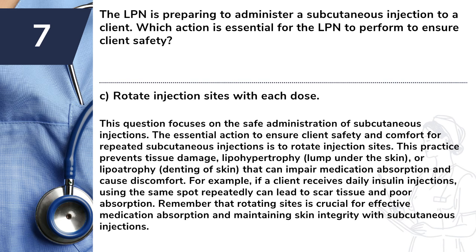This practice prevents tissue damage, lipohypertrophy, lump under the skin, or lipoatrophy, denting of skin, that can impair medication absorption and cause discomfort. For example, if a client receives daily insulin injections, using the same spot repeatedly can lead to scar tissue and poor absorption. Remember that rotating sites is crucial for effective medication absorption and maintaining skin integrity with subcutaneous injections.